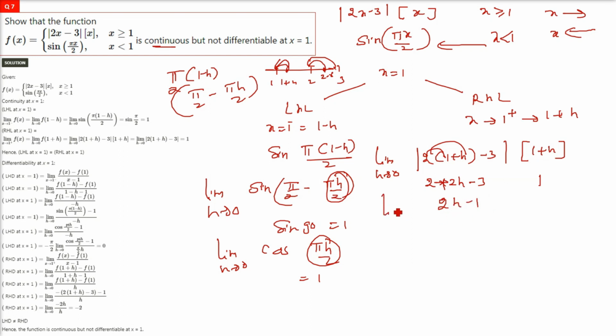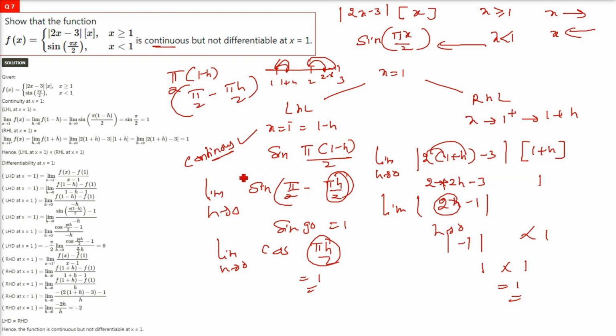So 2 minus 3 is negative 1, giving 2h minus 1. Apply h equals 0 and you get negative 1, and in the modulus, it will be 1. 1 multiplied by 1 is 1. So the left hand limit and right hand limit are equal. LHL and RHL are equal, so this function is continuous at x equals 1.